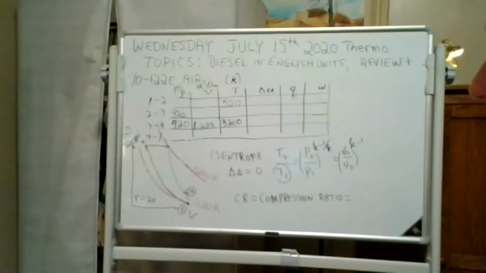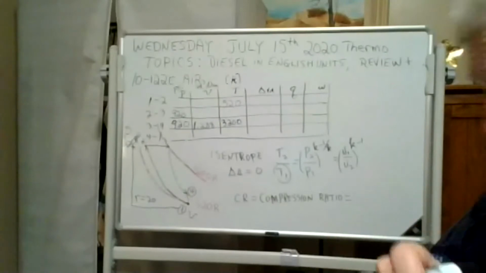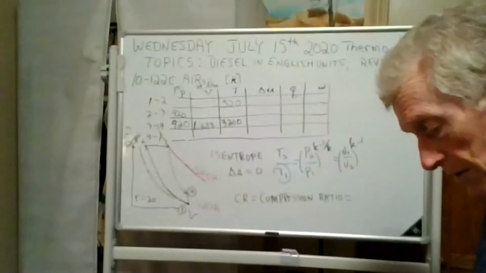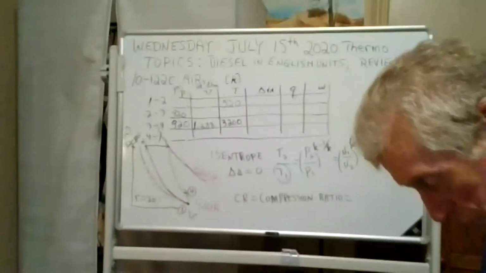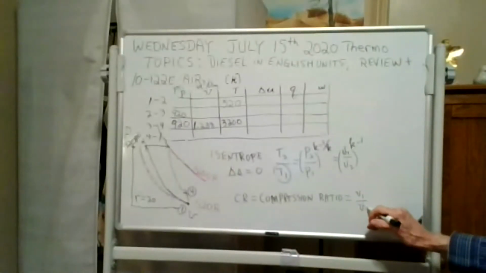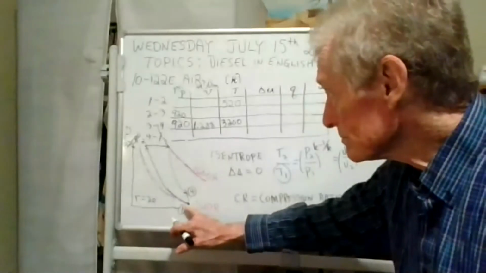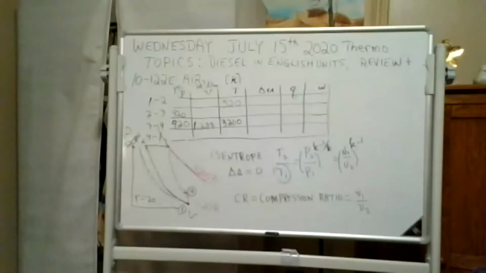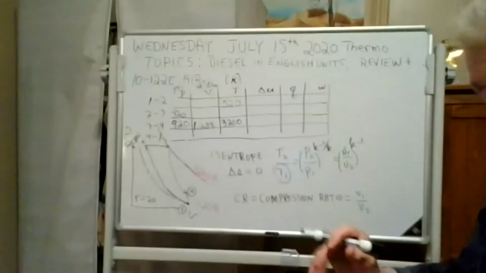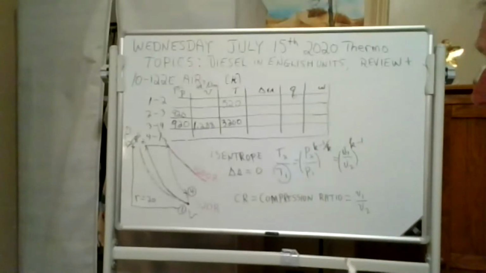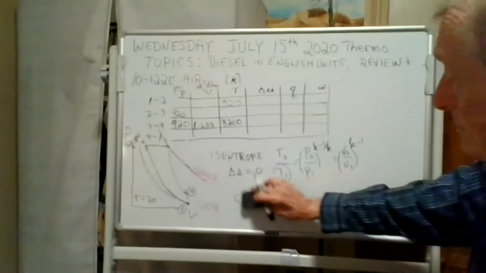I think that's what they said. Let me double check here. I don't want to lie to you. Says here compression ratio is 20. It's 20. And you know what that is? That's V1 over V2. See, V1's here. V2's there. So we know what that is. Oh, we can do this. Look here. Let's put our numbers in.